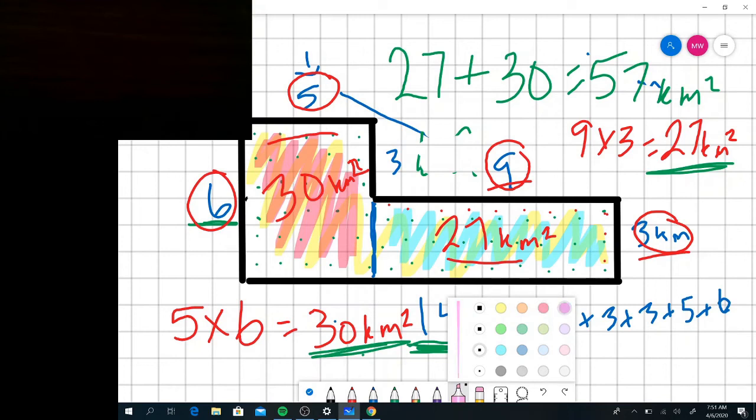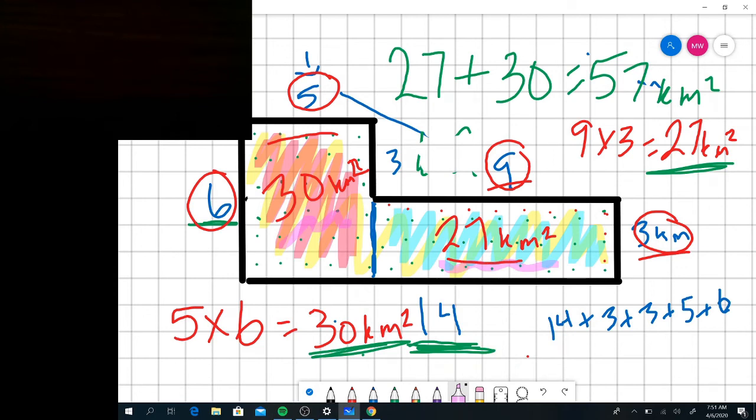So we found this one and we found this one. Now we're combining them together. So now we know the whole thing is 57 kilometers squared.